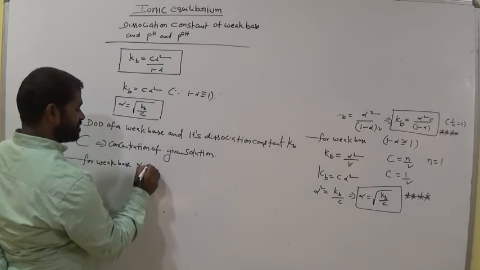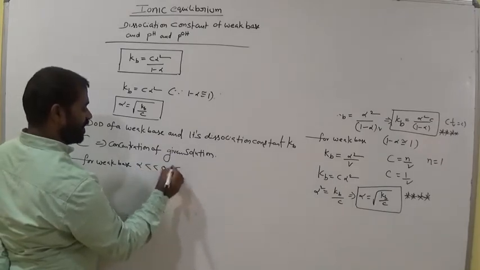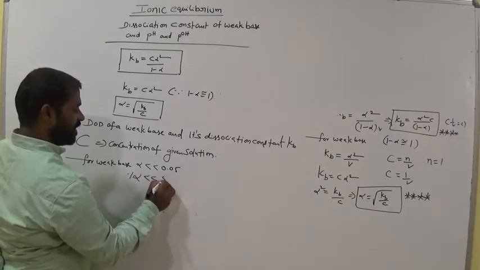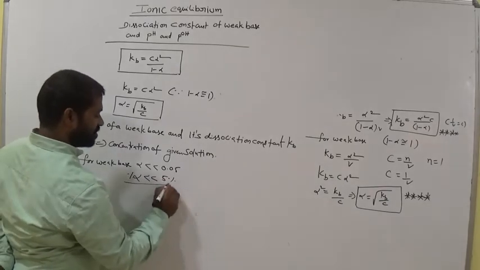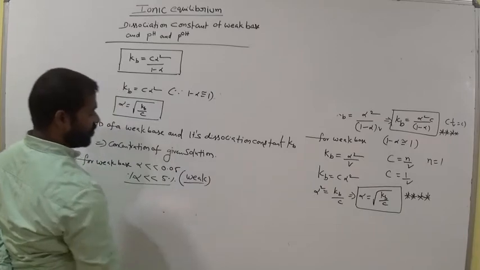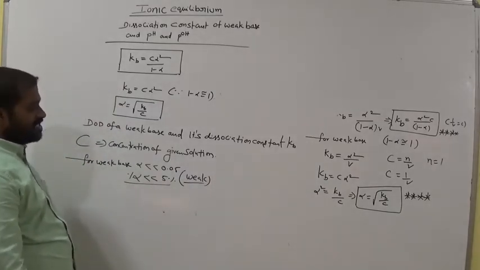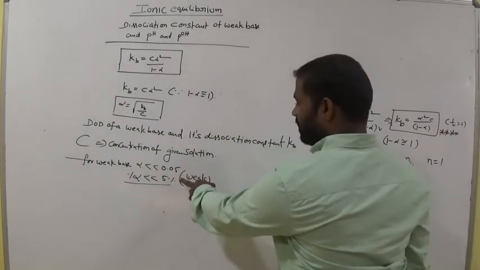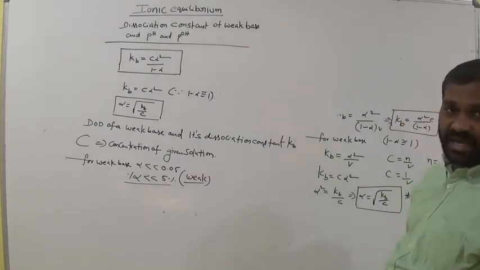For a weak base, alpha is less than 0.05. The percentage of alpha, multiplied by 100, gives 5%. So the condition is weak. Remember this. If the alpha value is very much less than 0.05, then it is clearly a weak base or weak acid.